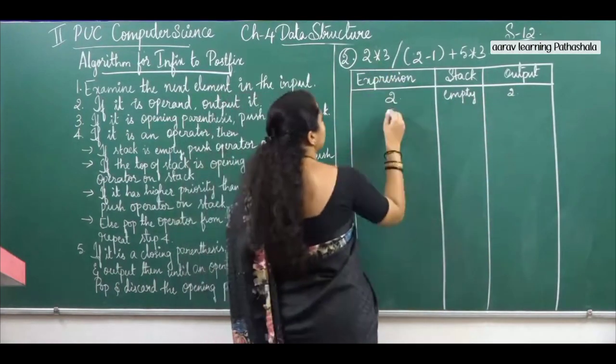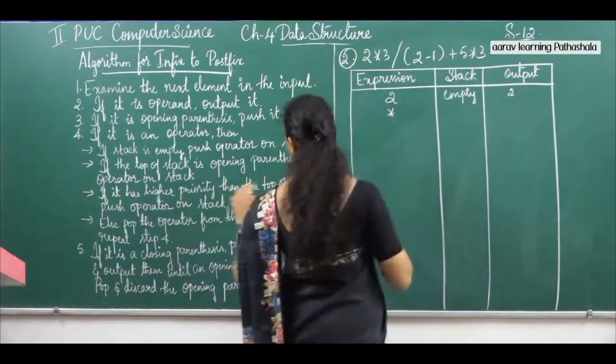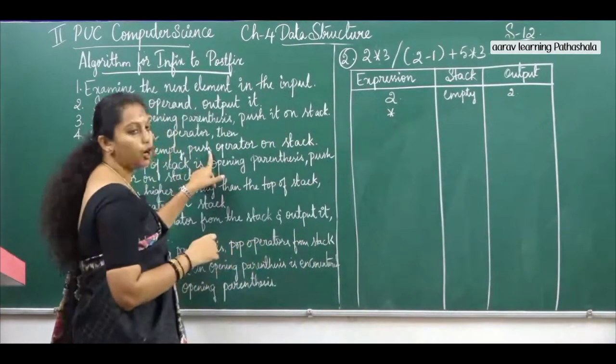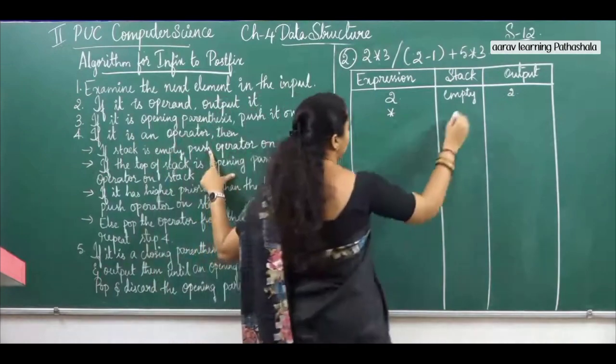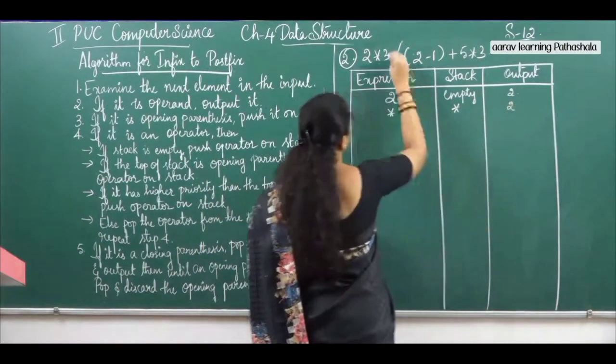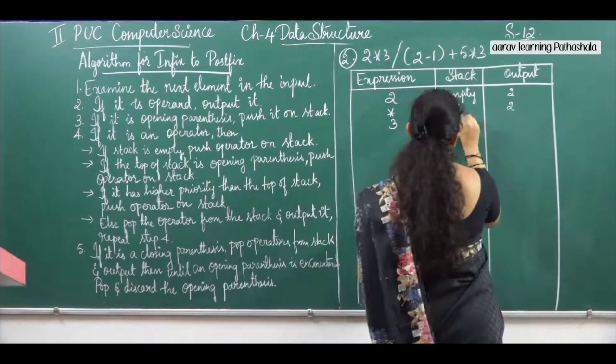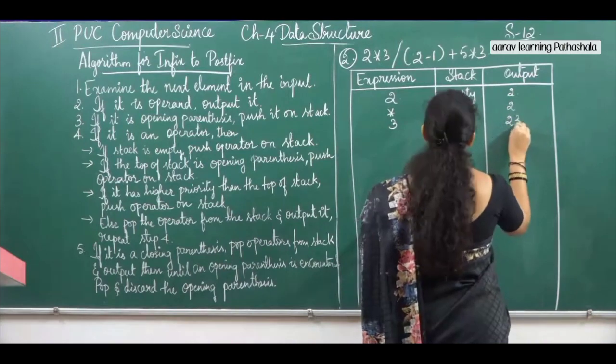Next, multiplication. If it is an operator, then we have to push the operator on the stack. I am going to push this operator on the stack. Next is an operand, so I am going to output this.